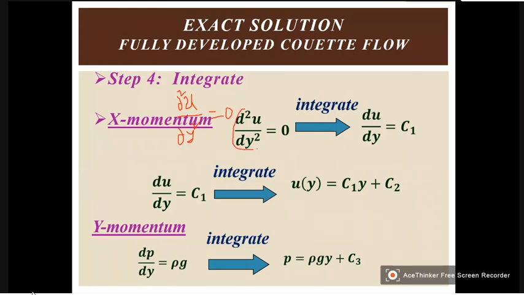The reason is that u is a function of y alone. So therefore, since it is only a function of one coordinate direction, I can replace the partial derivative by the total derivative.